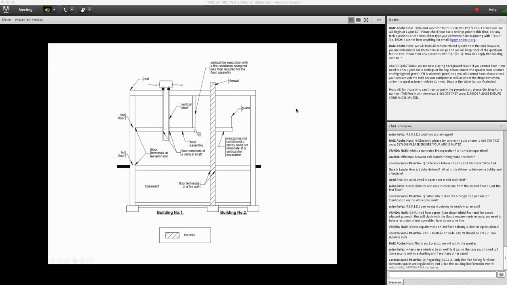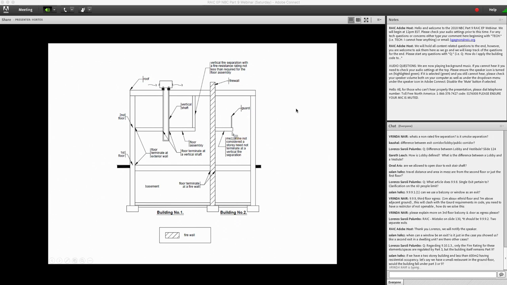The only time that you are not required to meet these requirements is when you have a mezzanine that is not required to be constructed as a story, and then you can have the floor assembly for the mezzanine not terminating either at an exterior wall or a firewall or a vertical fire separation with a fire resistance rating.